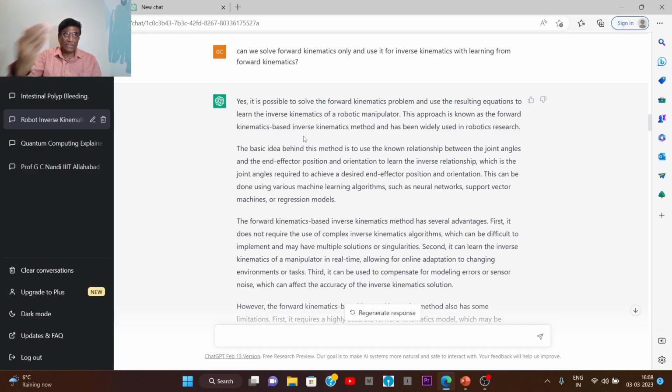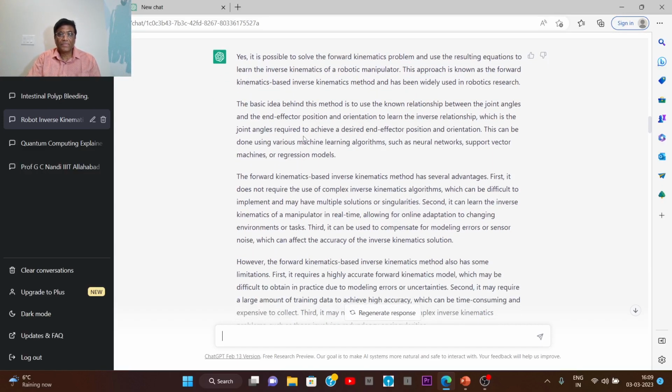This data-driven, machine learning-based inverse kinematics without solving inverse kinematics is a difficult one. We gave another new approach at AAAI, a renowned conference, last year. It was in the workshop, of course, because we could solve a tooling robot manipulator using an inverted neural network. That paper is on my website.